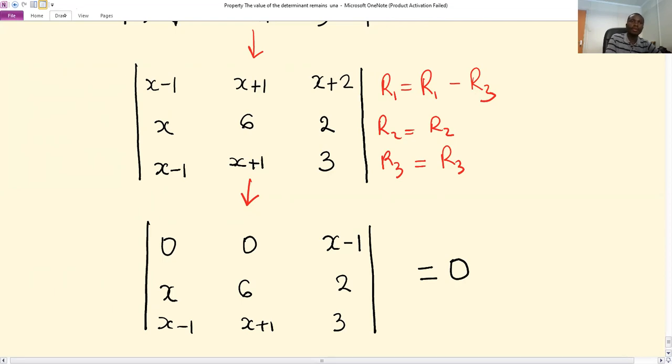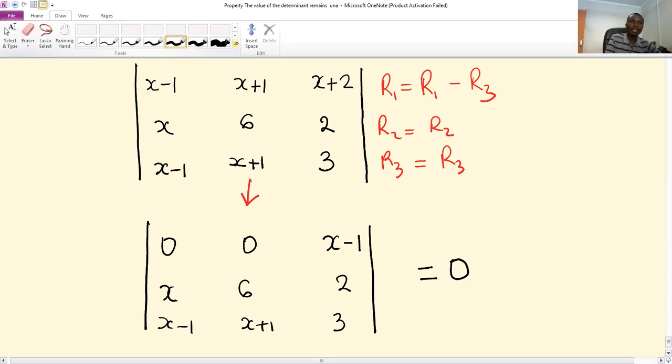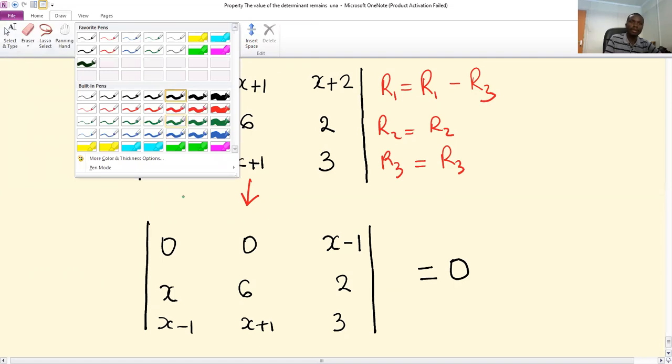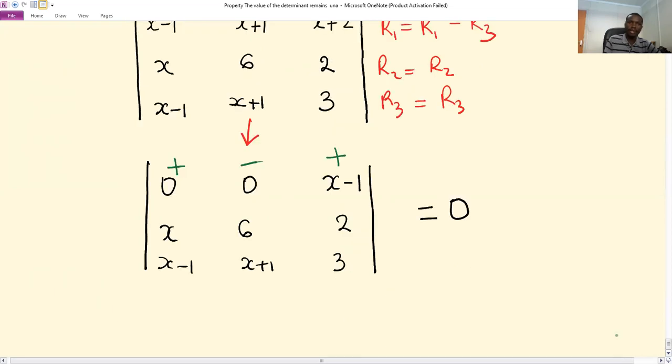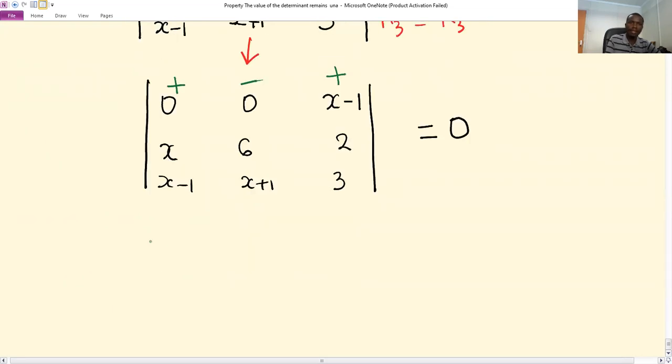And you see now the determinant we have is easier to calculate by the cofactor method. We know the sign here is plus, sign here is minus, sign here is plus. So that shows that the determinant is x minus 1 multiplied by the sub-determinant formed by x, 6, x minus 1, x plus 1.